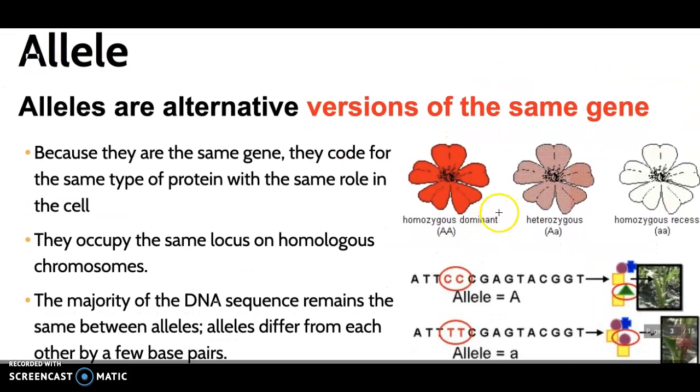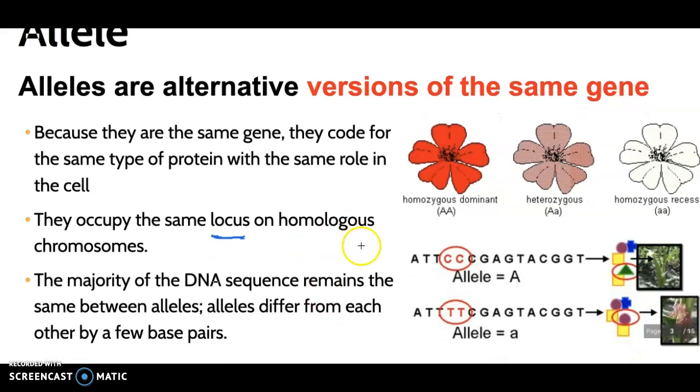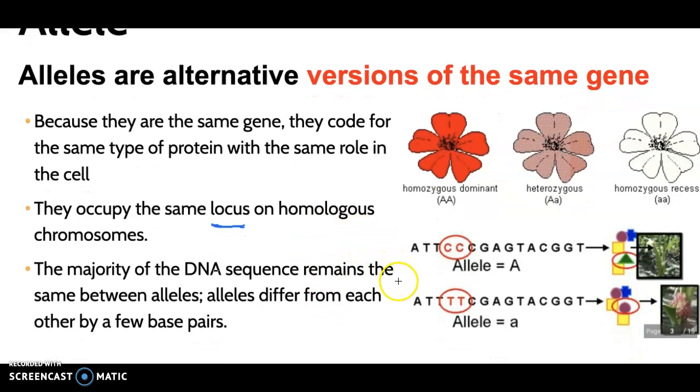We've used this term allele quite a bit, but remember that this is just the alternative version of the same gene. So we're looking here at things like flower, and so they occupy the same locus on homologous chromosomes, right? So they're in the same spot, but they're going to have a slightly different sequence of DNA, right?